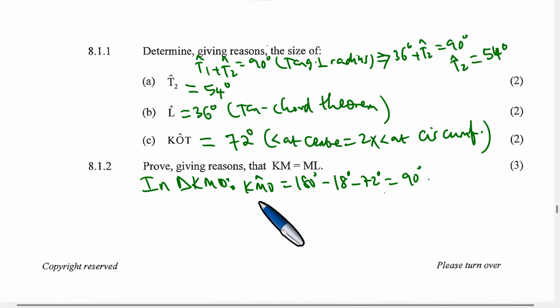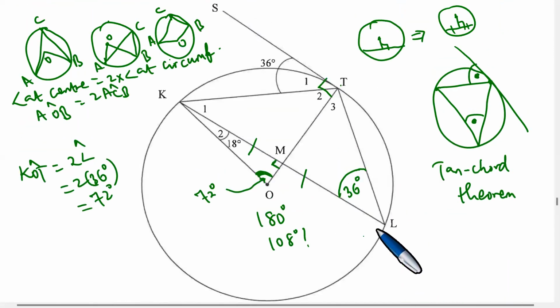The fact that KMO is 90 degrees, the conclusion is therefore that KM is equal to ML, because there is a line from the center that is perpendicular to the chord. In mathematics, if there's a line from the center that is perpendicular to the chord, it must bisect the chord. If it's perpendicular, then it divides the chord into 2 equal parts so that M becomes the midpoint.